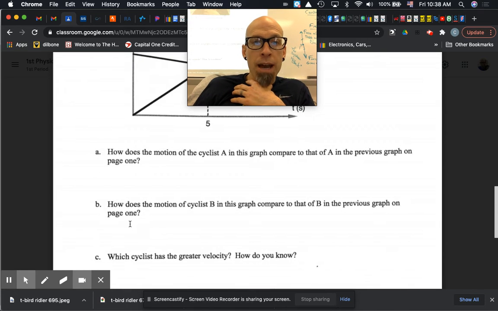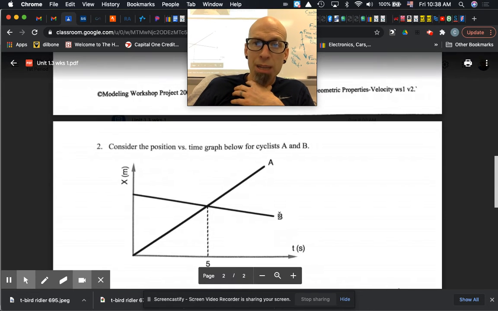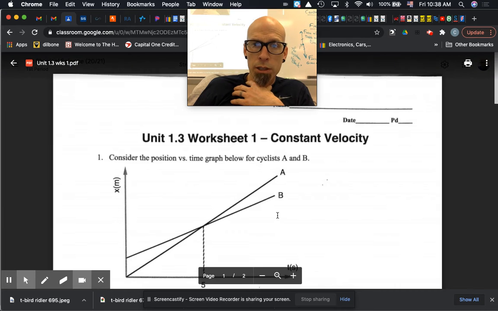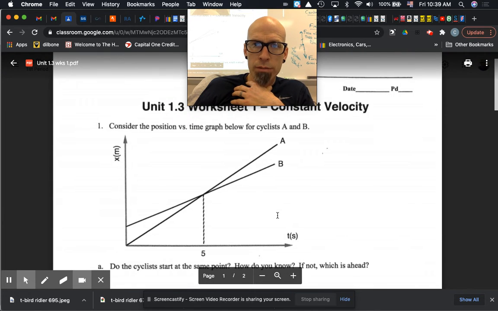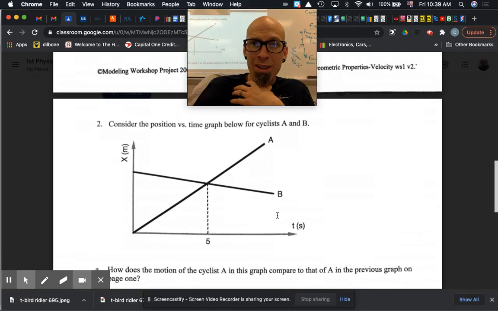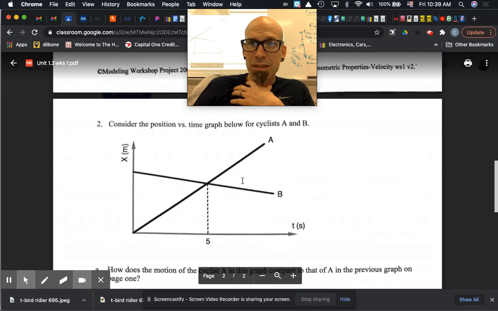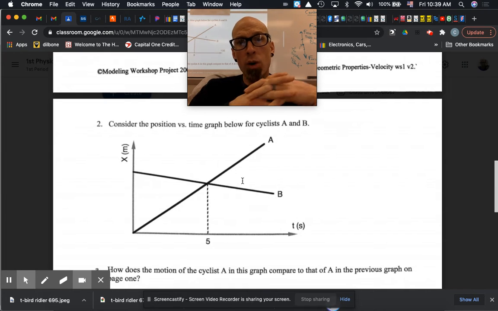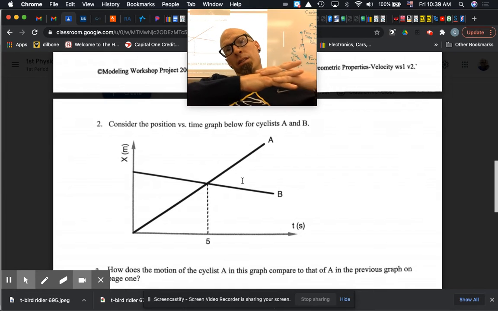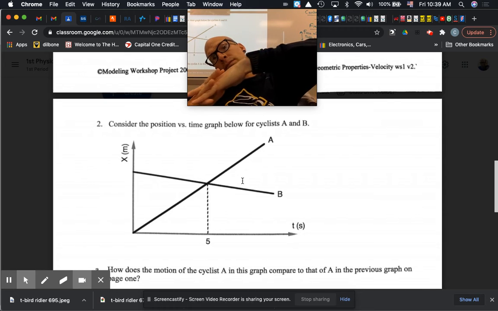Same. Now, how does the motion of cyclist B in this graph compare to B in the previous graph? Well, what kind of slope is this? That's a negative slope. Negative slope means what?